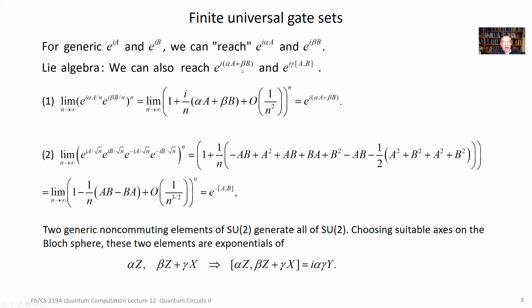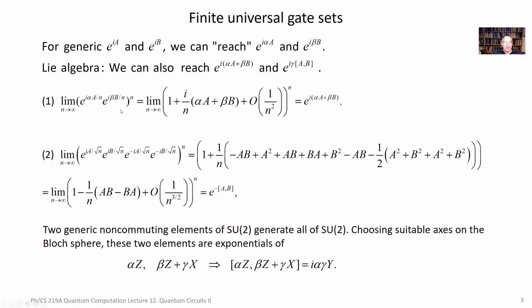So think about it this way. I've already told you I can get as close as we want to e to the i alpha A. That's also true of any multiple of e to the i alpha A. So let's consider e to the i alpha A divided by n, where n is a large integer, and e to the i beta B divided by n, where n is a large integer.